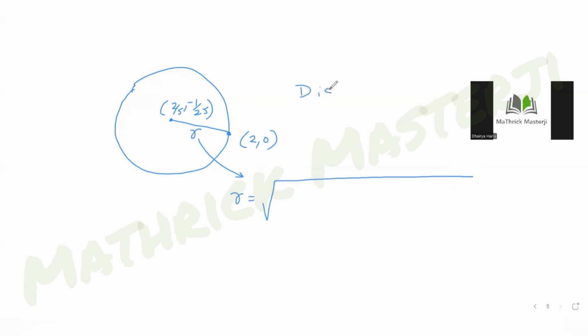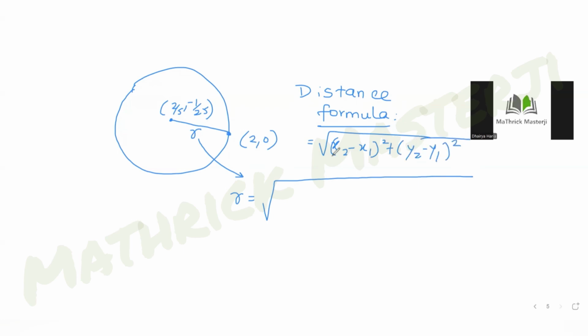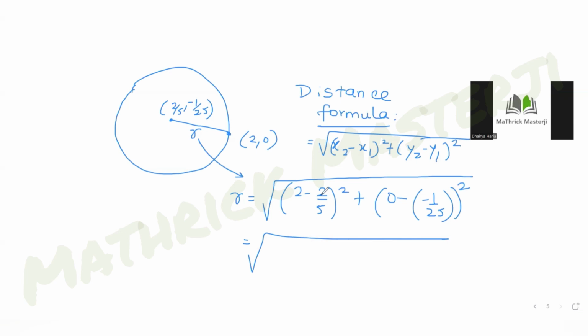The distance formula is given by the square root of (x2 minus x1) the whole square plus (y2 minus y1) the whole square. So let's do that. So (2 minus 2 over 5) the whole square plus (0 minus minus 1 over 25) the whole square. 2 minus 2 fifths is (10 minus 2) over 5, which is 8 over 5. So 64 over 25, plus 1 over 625.